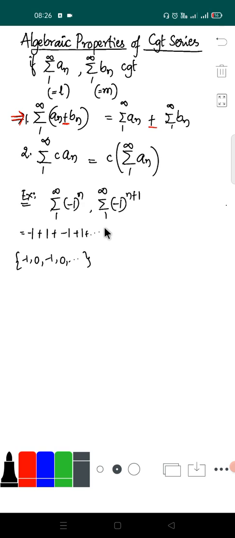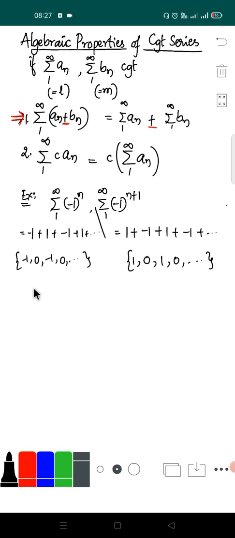Next is the second series. If you expand this one, it is 1 minus 1 plus 1 minus 1 and so on. The sequence of partial sums will be: first term is 1, if you add 2 that is 0, third term is 1, fourth term is 0.